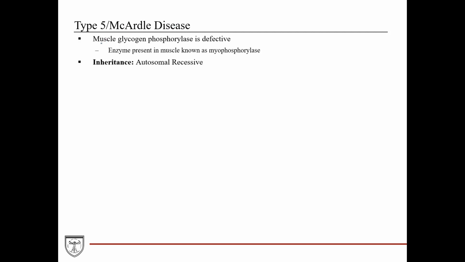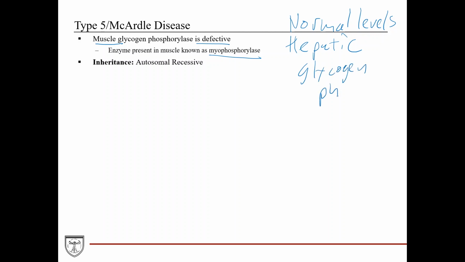Type 5, McArdle disease. So this is where you have muscle glycogen phosphorylase is defective. And in the muscle, it's actually known as myophosphorylase. So just be aware that on a test, you could see where the enzyme is actually listed as myophosphorylase and not muscle glycogen phosphorylase. Another key distinction here is that you have normal levels of hepatic glycogen phosphorylase.